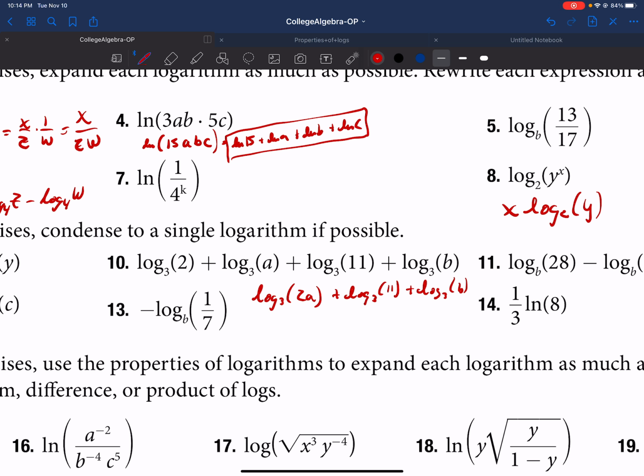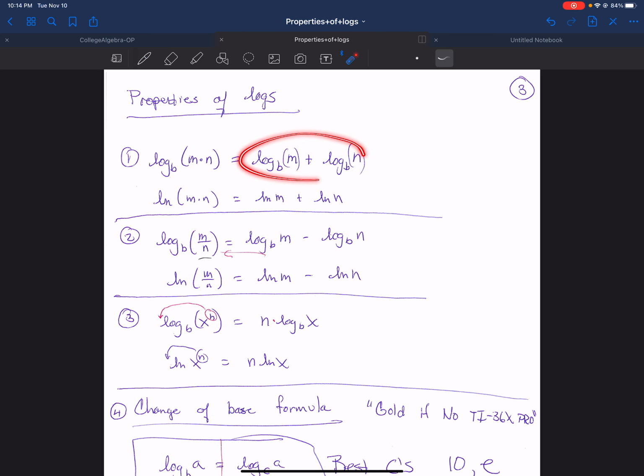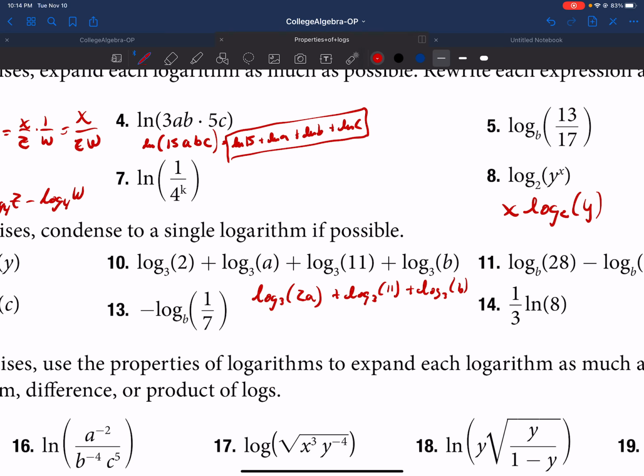The reason for that is because this rule technically only works for 2 logs added together. So with 2 logs, you can put the m and the n together inside. What I've done here is I took the 2 and the a and put them together inside, but I just left the others alone.